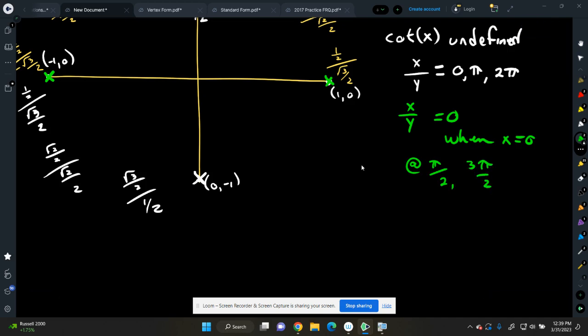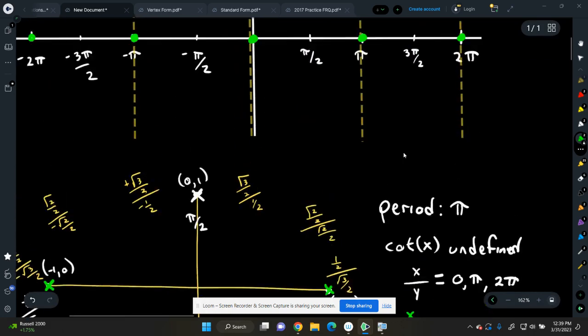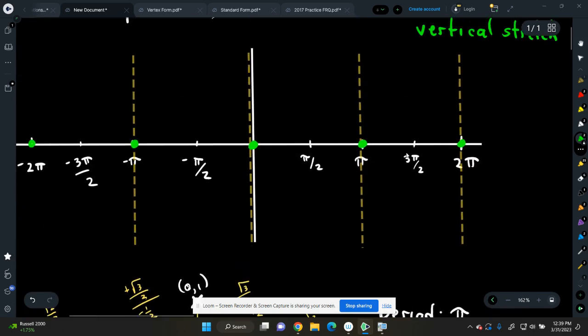Those are the zeros. So already we are seeing a significant difference. We have different asymptotes. We have different zeros. So here are my zeros.